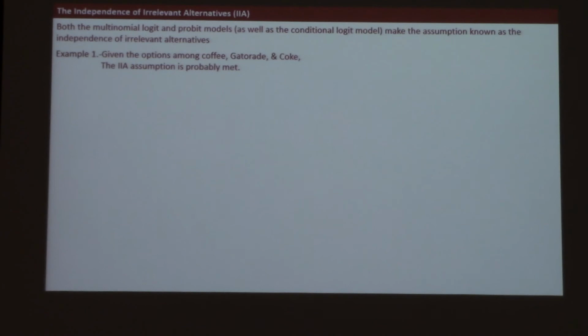Think about it. I'm thirsty, but I'm thirsty for different reasons. I wake up in the morning, I gotta have my cup of coffee. I just finished a workout, I wanna have my Gatorade, and I have some rum, so I gotta have some Coke. I'm not thinking about these as substitutes.